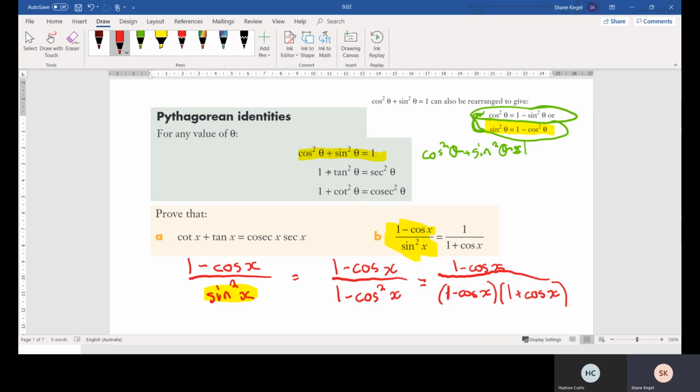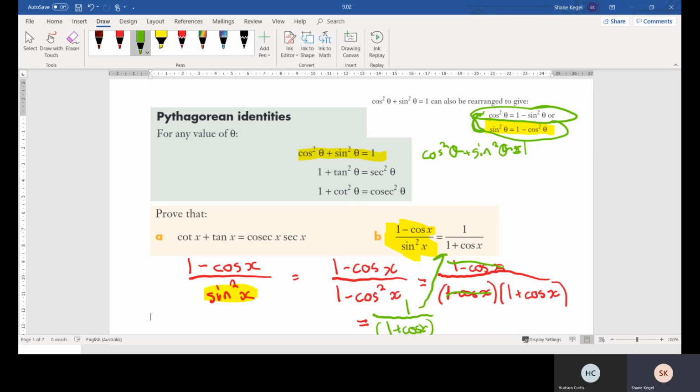Then 1 minus cos x divided by 1 minus cos x gives me 1. And then I'm left with this on the bottom. So 1 over 1 plus cos x.